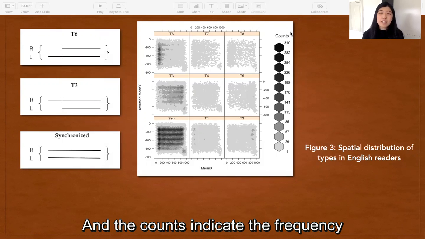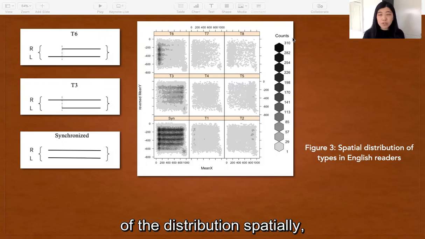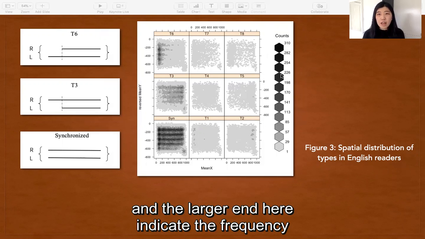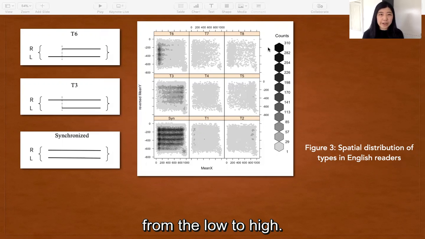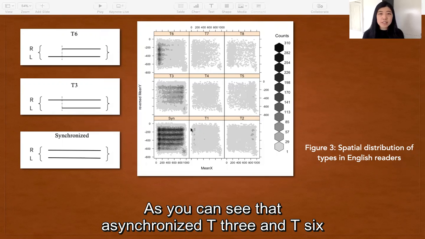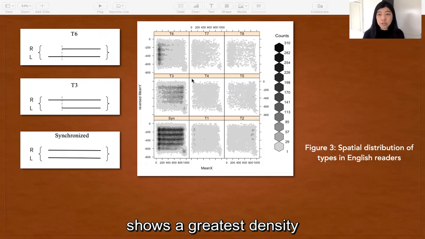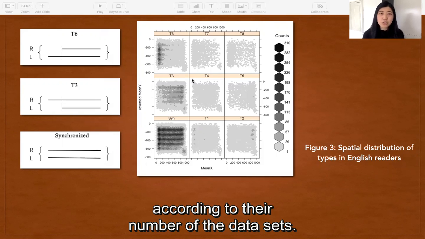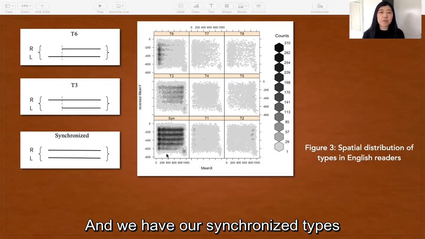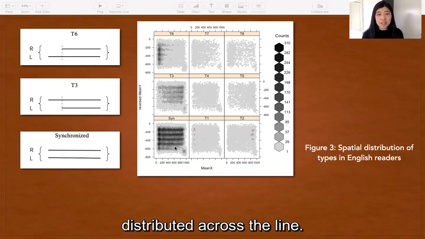The counts indicate the frequency of the distribution spatially, and the legend here indicates the frequency from low to high. As you can see, the synchronized type, T3 and T6 show the greatest density according to their number in the data sets. And we have our synchronized types distributed across the midline.